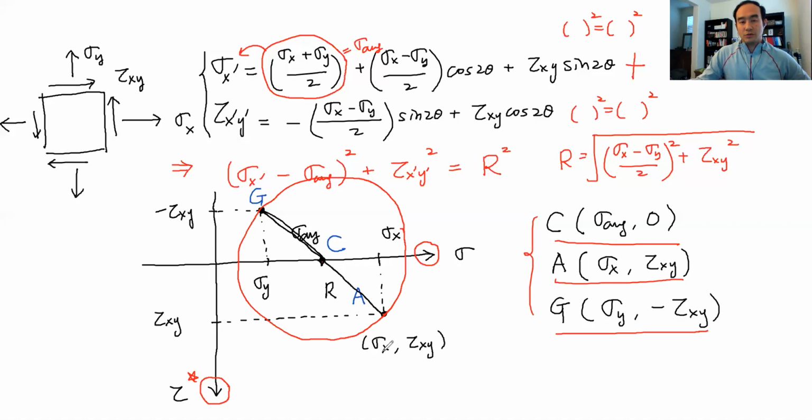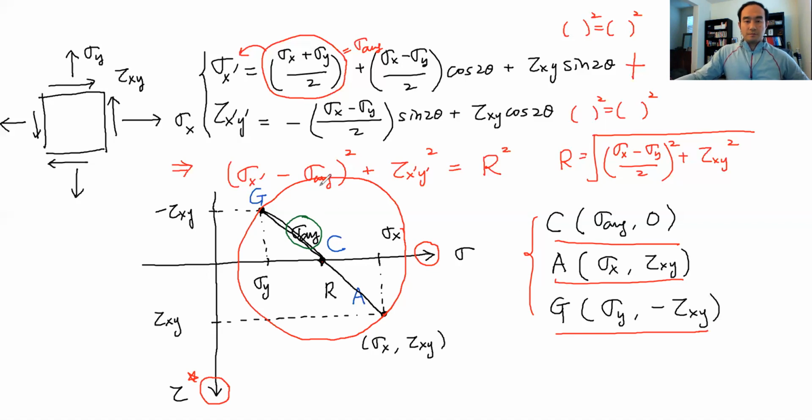This Mohr circle, based on these 3 points initially, will tell us a lot of different things. First of all, sigma average is the average normal stress. Any point on this circle represents a state of stress.